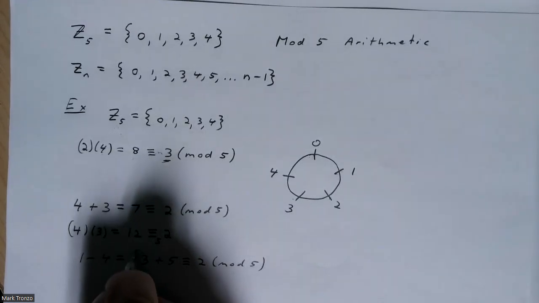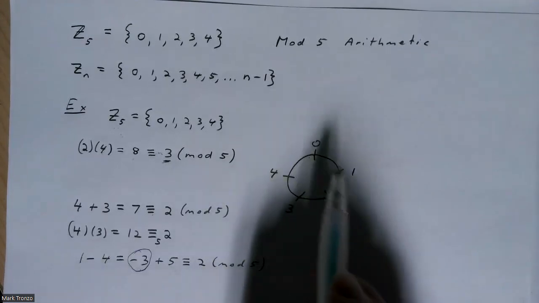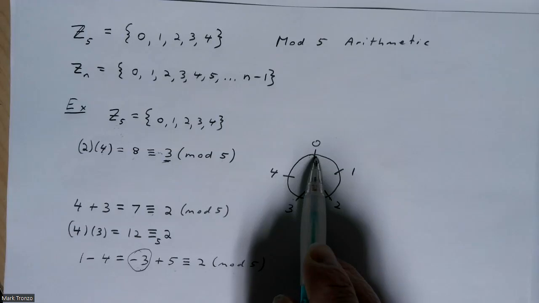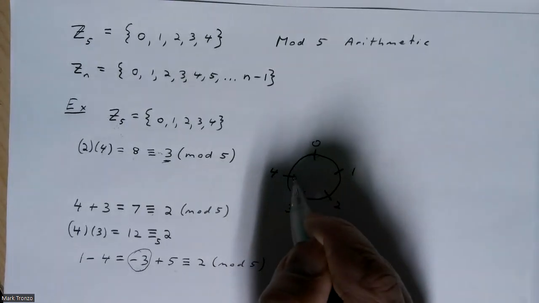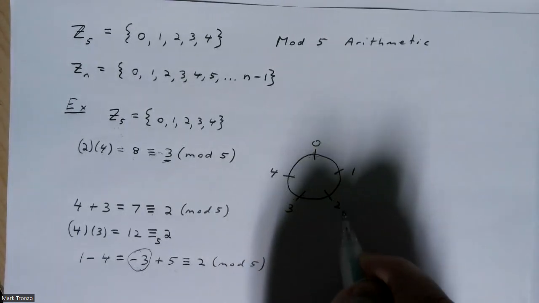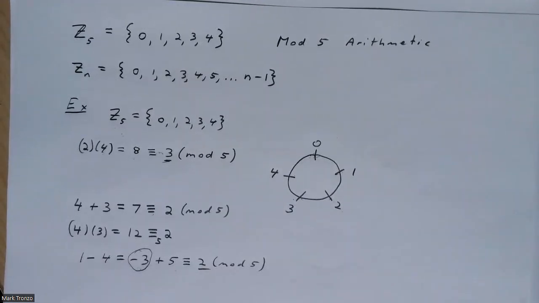So also on the wheel, if you were trying to find what minus 3 is mod 5, again, start at 0 and go 3 in the negative direction, in this case the counterclockwise direction. 1, 2, 3, we landed on 2 over here, which is the same thing we got here.